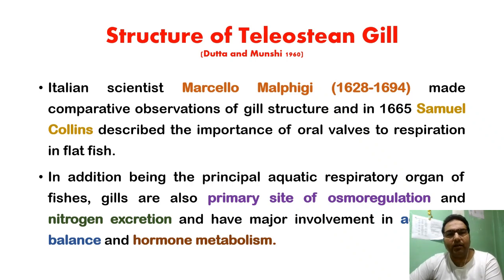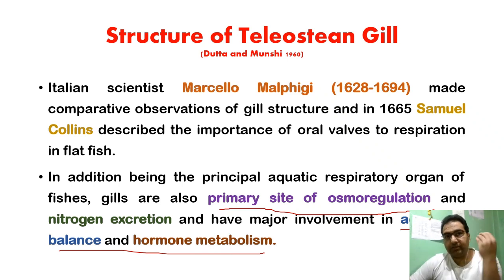In addition to being the principal aquatic respiratory organ of fishes, gills are also the primary site of osmoregulation. They are not only the sites of respiration, but also of osmoregulation and nitrogen excretion, and have major involvement in acid base balance and hormone metabolism.